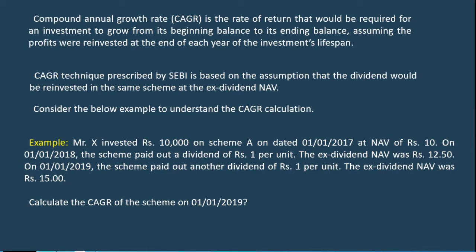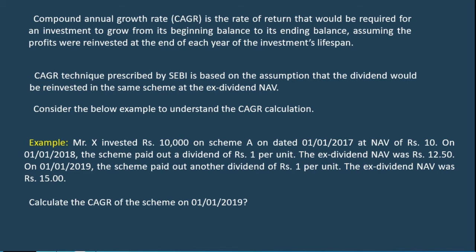At this time, the ex-dividend NAV was rupees 12.50. Then again on 1st January 2019, the scheme paid out another dividend of rupees 1 per unit. At that time, the ex-dividend NAV was rupees 15. Calculate the CAGR of the scheme.